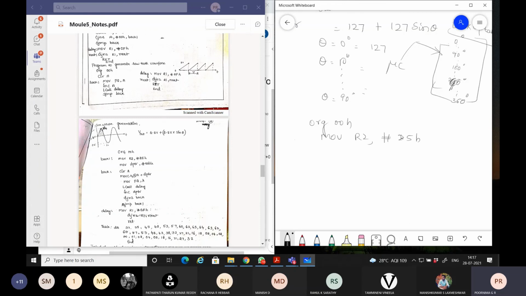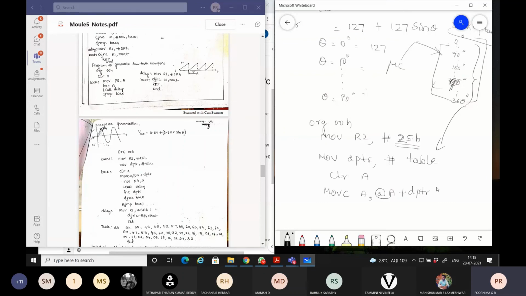Because from 0 to 360 degrees, if you divide the sinusoidal with 10 degree variations, you will get 36 values, that is equivalent to 24H. Move DPTR with the starting address of the table in which you have stored these values. Clear A, then, since we are using ROM, MOVC A, @A+DPTR.